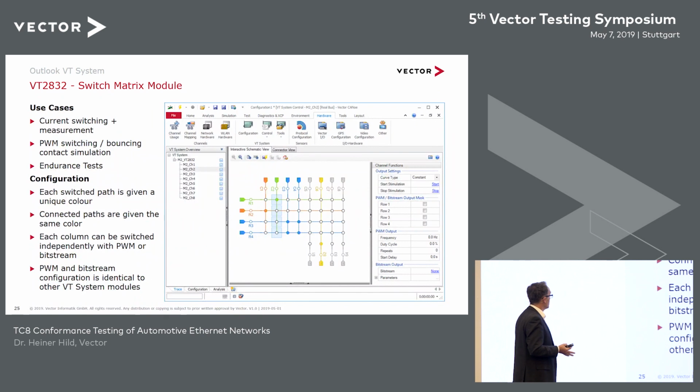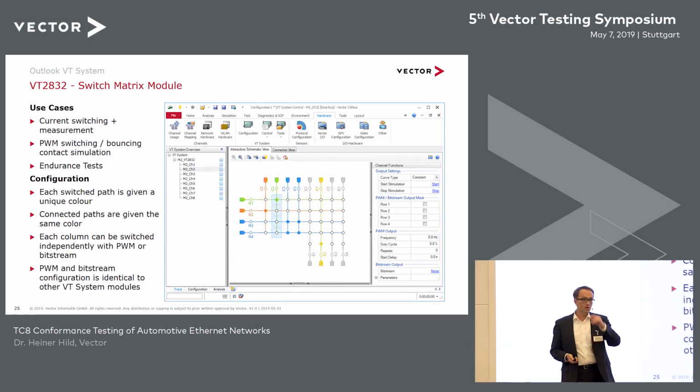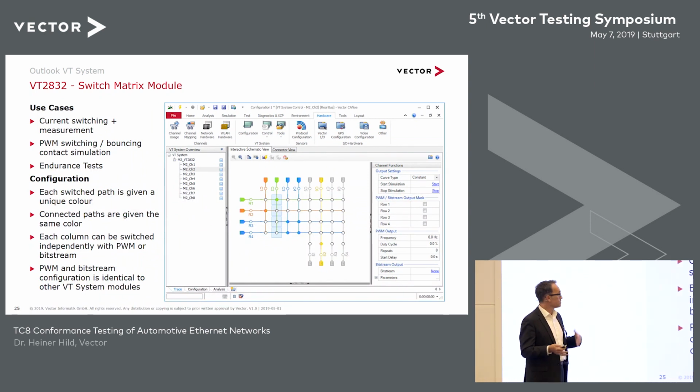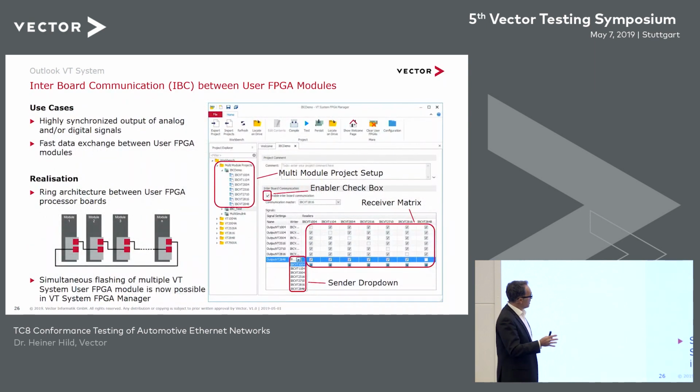And apart from that, it's normally integrated into the VT configuration concept as you know it. PWM switching is solved as a bit stream, like on the 2516 module also. Same mechanism, same handling, as I would like to say. Then the switch matrix, we believe that it can offer added value for test rig switches.